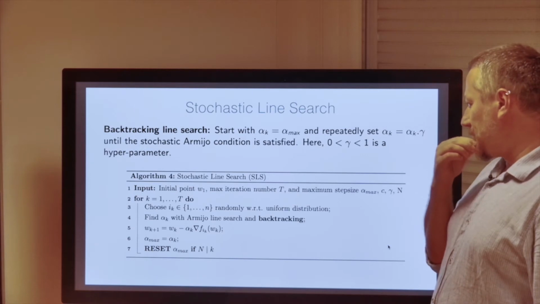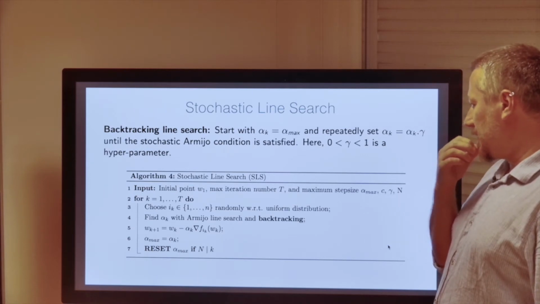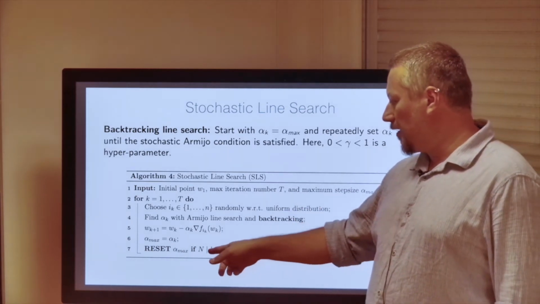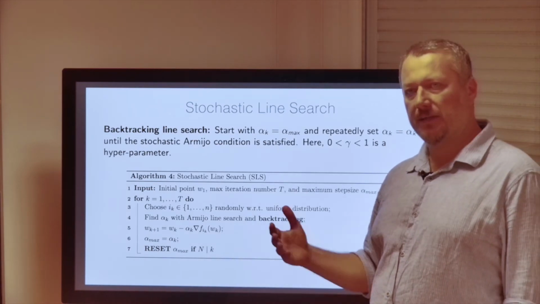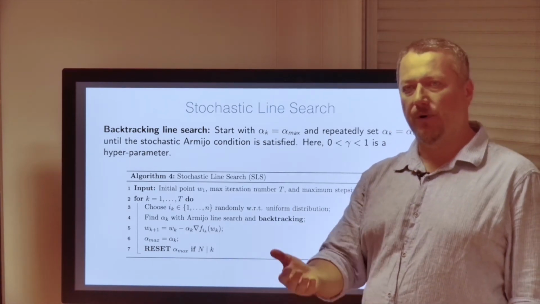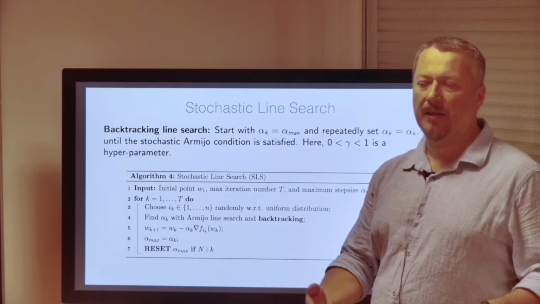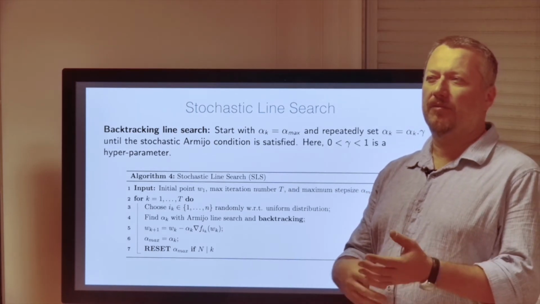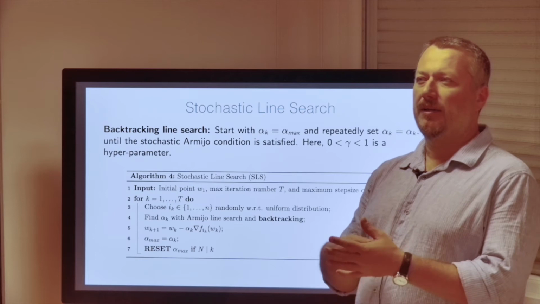All right, so what is usually done is you reset your alpha max in every epoch. An epoch means the following.